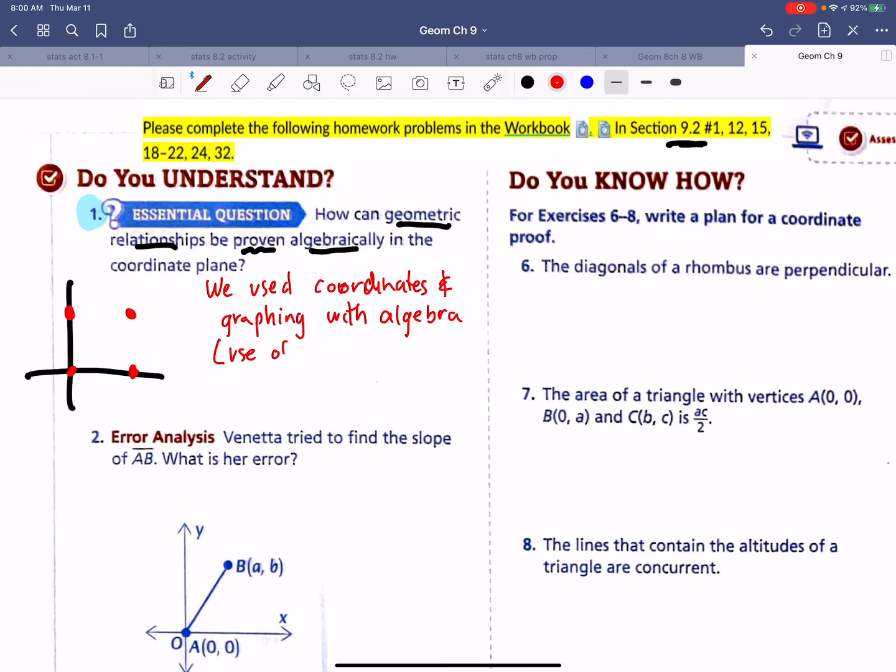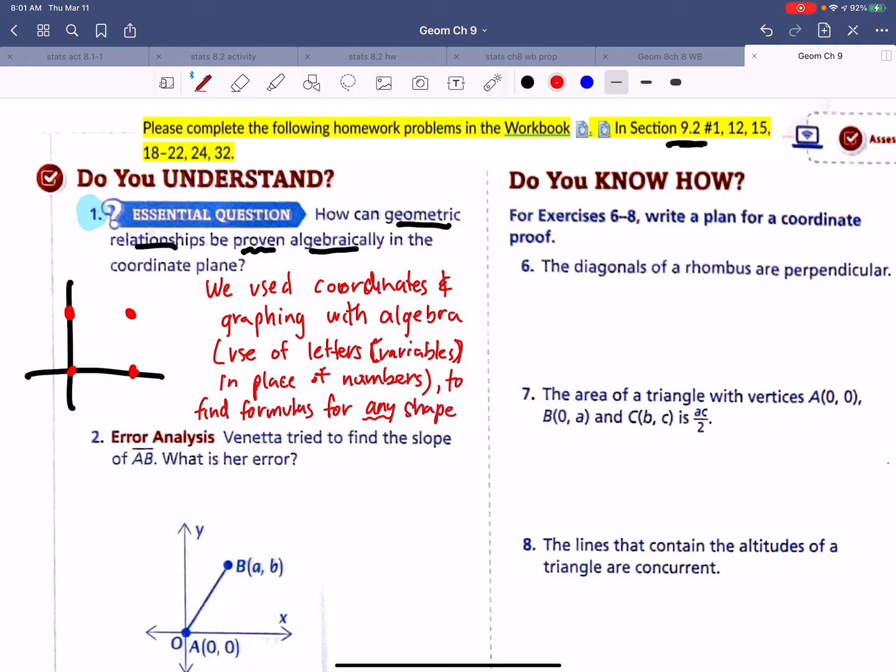The use of letters or variables in place of numbers to find formulas for any shape, right?